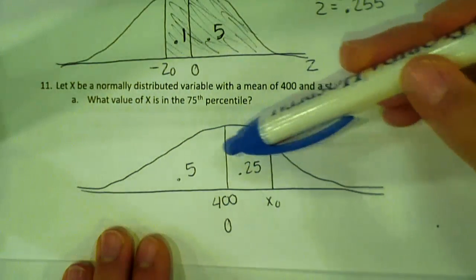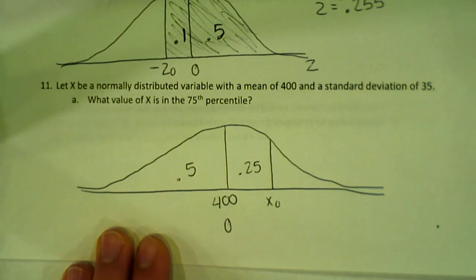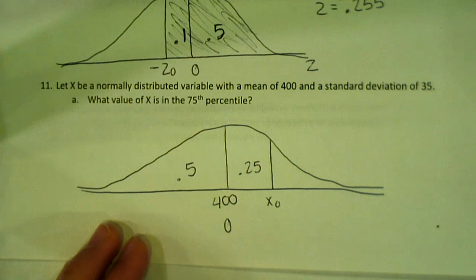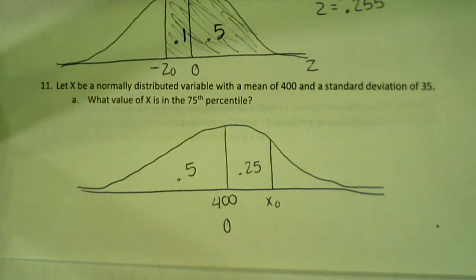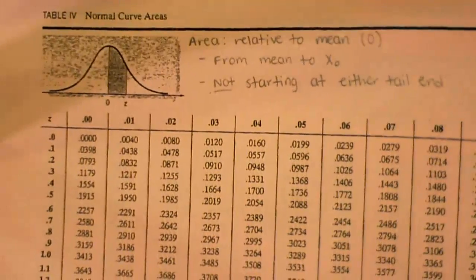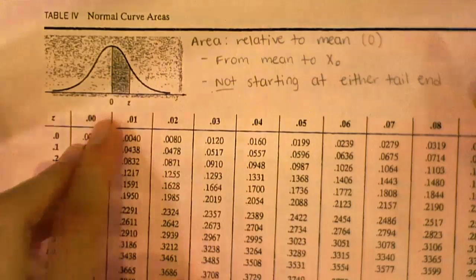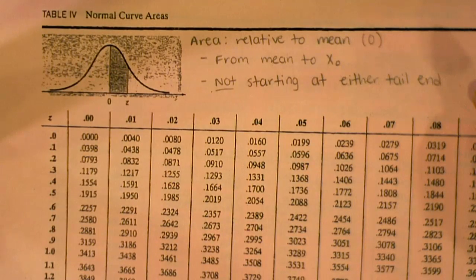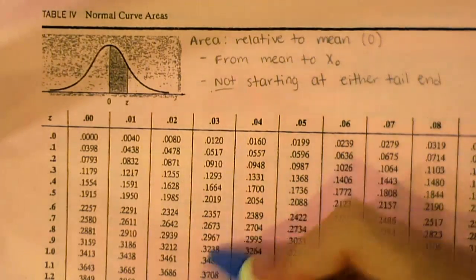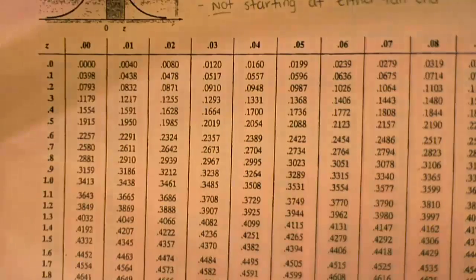So what z-score would correspond to this 75%? Again, if we have these, we would just be looking for that 0.25 right here, okay? So you'd be looking inside, and then we'd go up the columns and the rows to find the z-score.